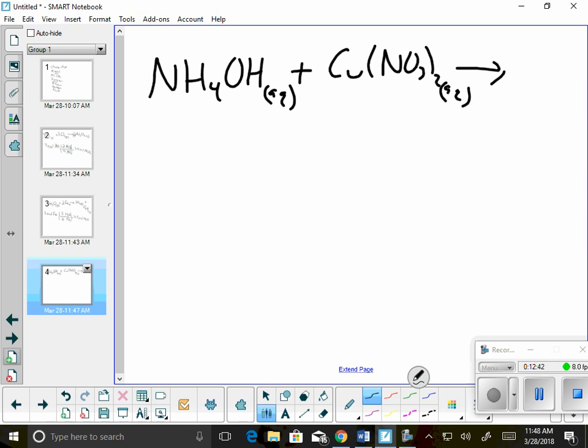Let's figure out the products of this. Let's make the switch. Double displacement switch. Take a minute. Try to figure out the products of this reaction. It'd be really good if you're figuring out the formulas of these, you also figure out the phase notations of them. Shouldn't we do that with double displacement reactions?